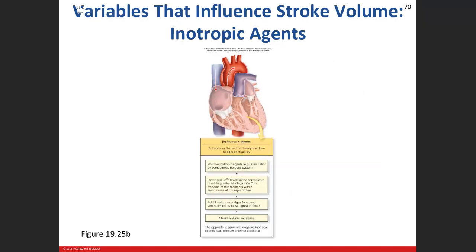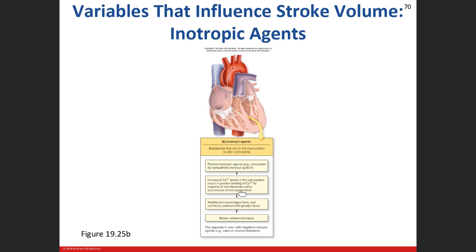Inotropic agents, tough to see on this one. This is basically the contractility of the heart. So we're going to talk about the positive inotropic. The sympathetic nervous system is going to increase the contractility of the heart by increasing calcium flow into the cardiac cells, thereby increasing cross bridge formation and getting a much more forceful contraction.